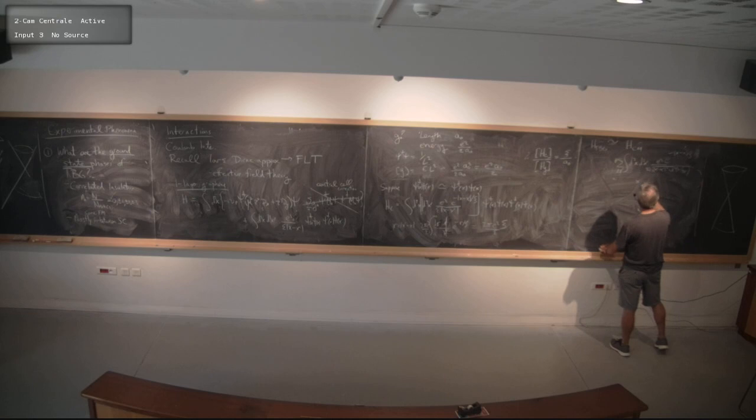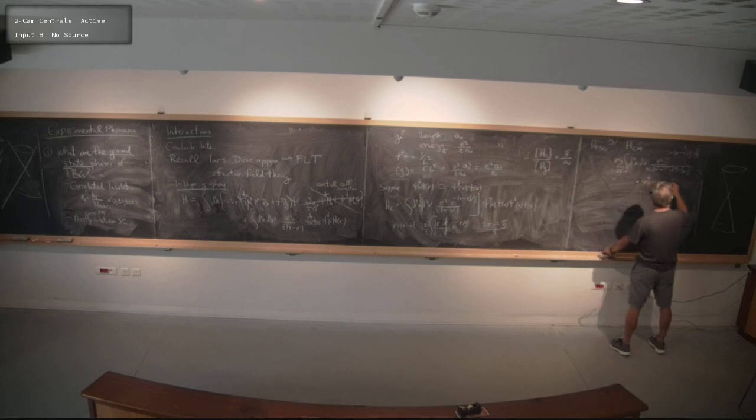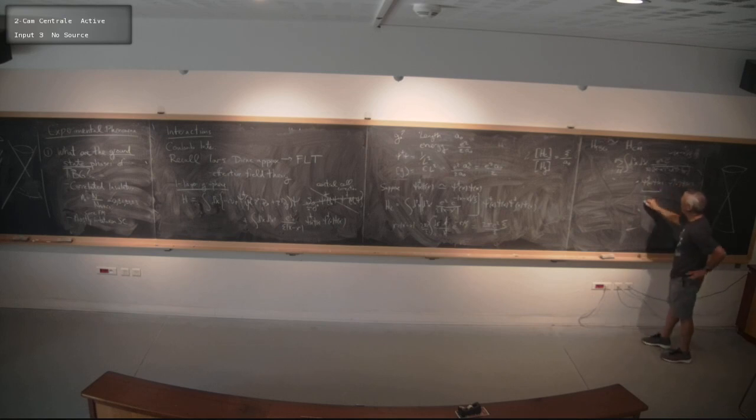And then times the density, where this thing is the total charge density, summed over layers and valleys.